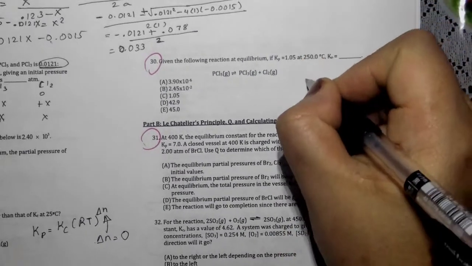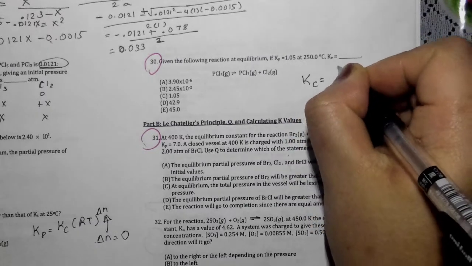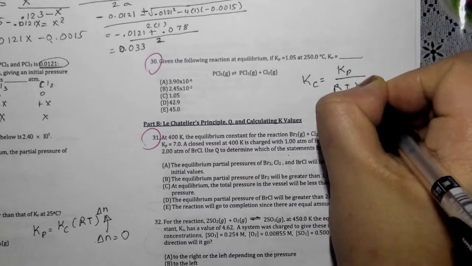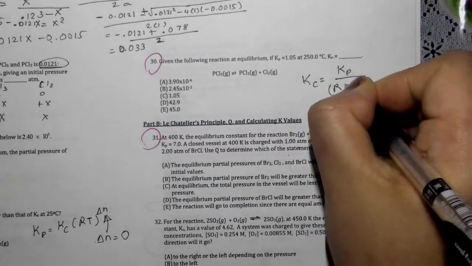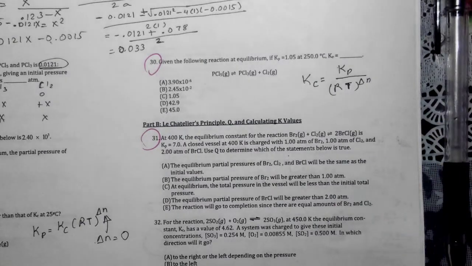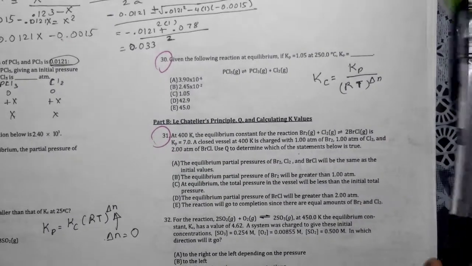So Kc is equal to Kp over (RT) to the delta n. And then once you solve this, you're gonna get your answer. Okay, so plug it in.